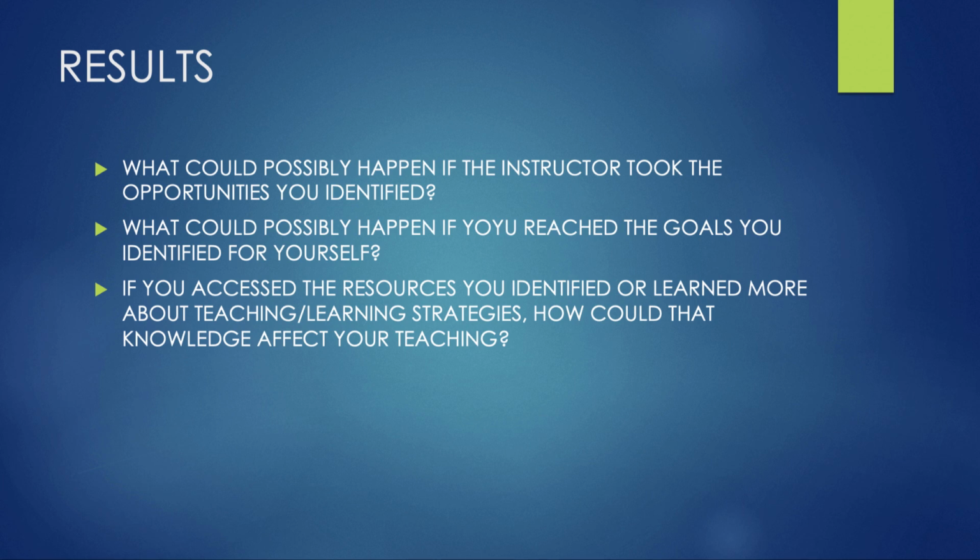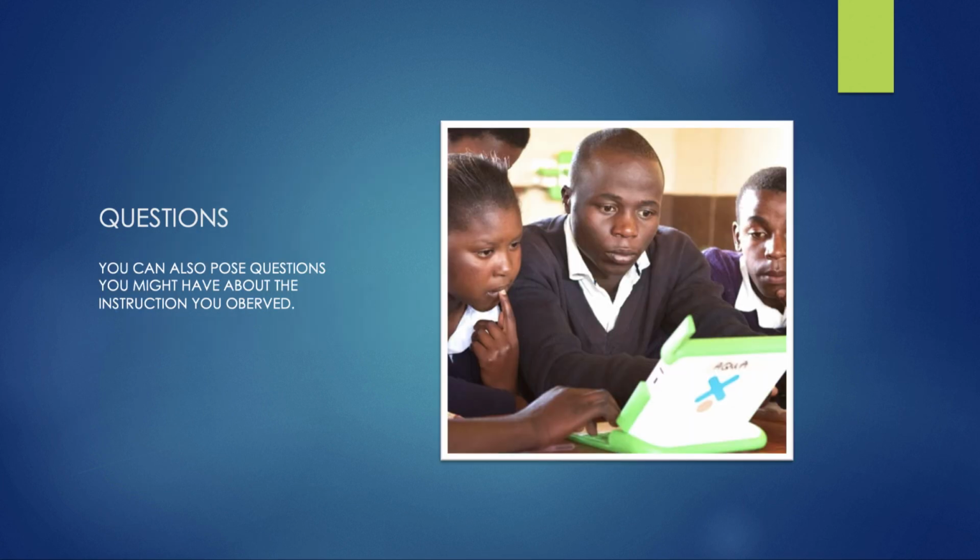What could possibly happen if you reached the goals you identified? If you accessed the resources you identified or learned more about particular teaching and learning strategies, how would you like to implement that knowledge in your own teaching? Do you have any questions about the instruction you observed in that video? If so, you can also put those questions in your reflection.